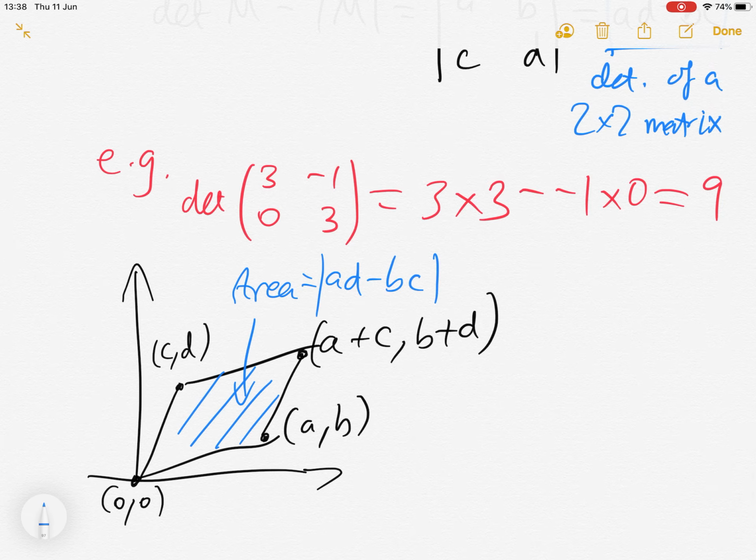So the modulus of the determinant gives us the area of this parallelogram in the 2-by-2 case. But we don't need to worry about this now. This is for later.